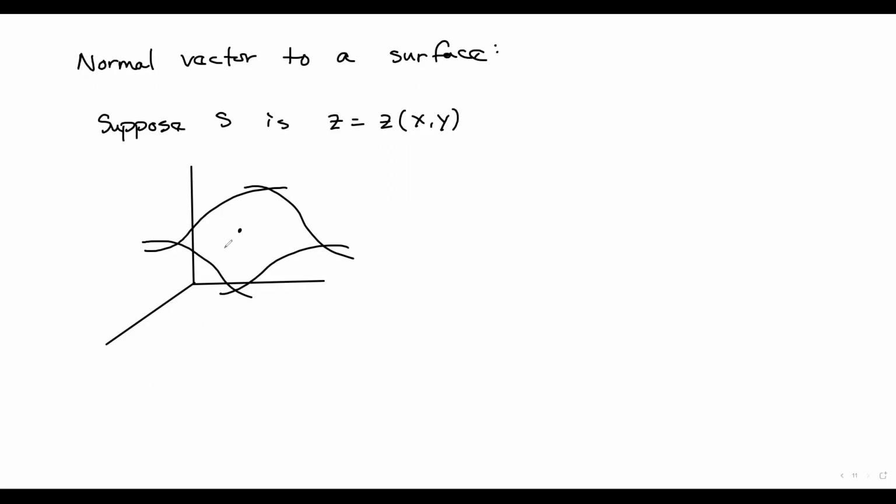And the partial with respect to x would be the slope of the line that's in the x direction. So if you were at the tangent line in the x direction, so if you were to draw a curve like that, so let's say that that part of the surface has that curve, we can find the slope of that curve in the x direction using the partial with respect to x.